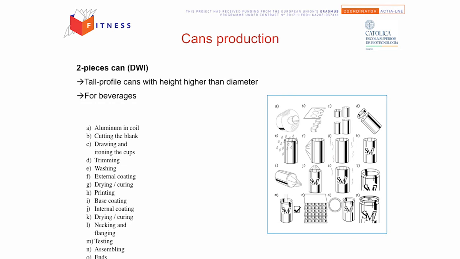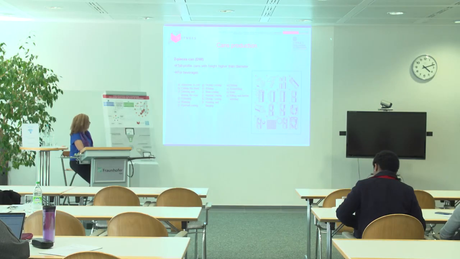Yeah. So this is the difference. Using a short sock is like a drawn food can, or when we use pants it is like a drawn beverage can. So we have much thinner walls than in the other case.